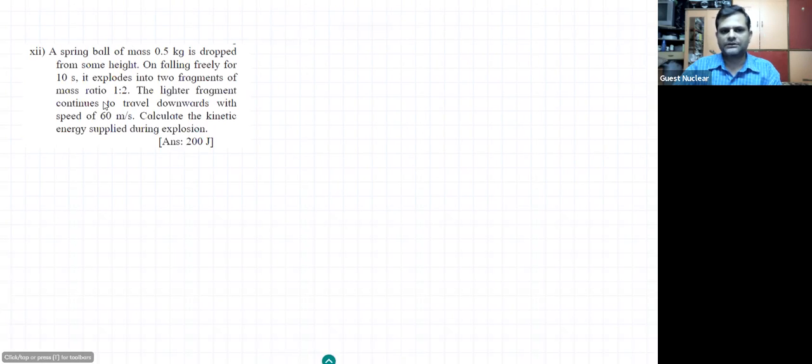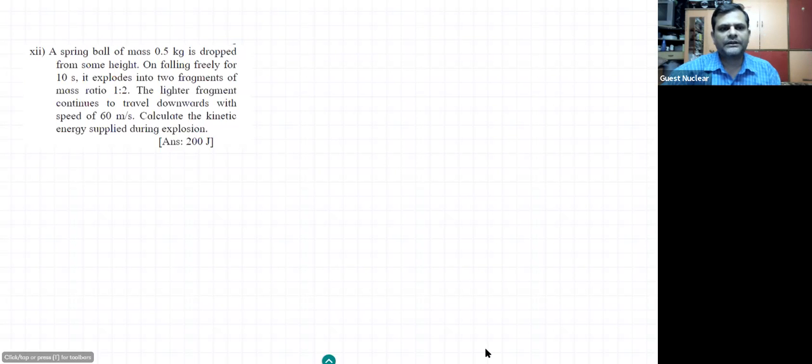So you can read the numerical. This is the 12th numerical from your textbook, which tells us that a spring ball of mass 0.5 kilogram is dropped from some height.